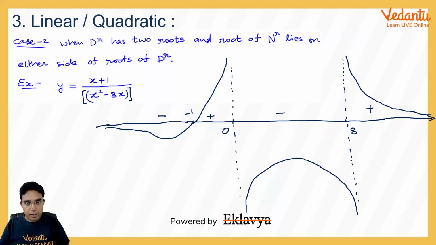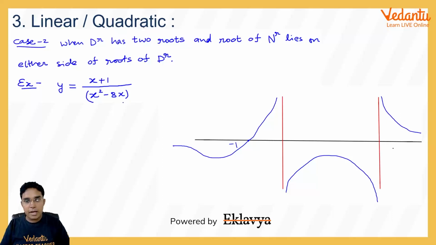So there will be a point of minima between minus 1 and minus infinity, and a point of maxima between 0 and 8. The rough diagram may look like this. Here it is 0, here it is 8.